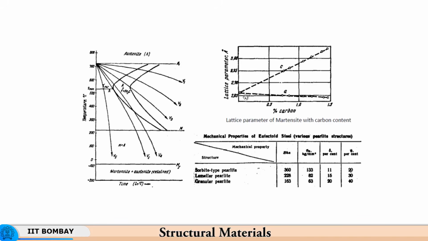So, among the 3 parameters A, B and C, the parameter A, which forms the square base of the tetragonal cell, is practically constant. It marginally decreases, but as carbon increases, there is a significant increase in the height of the tetragonal lattice.